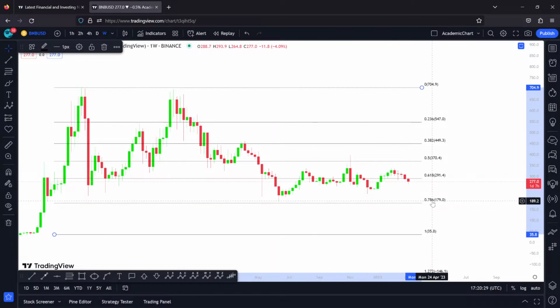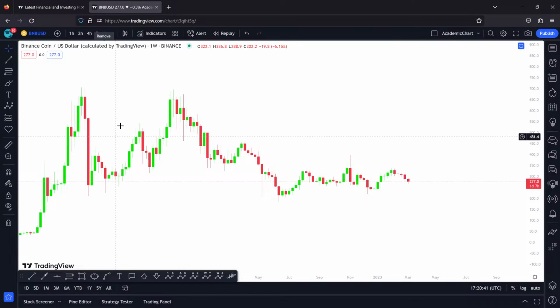percent, which usually is a very huge correction. And when I see these things, I sometimes believe it might not be a correction.